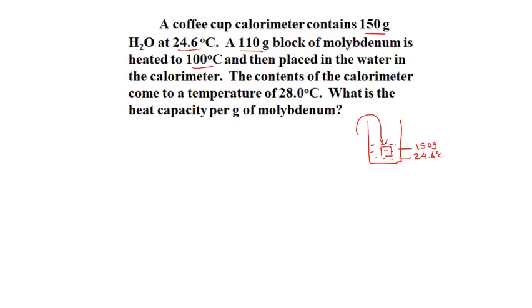That's a hot metal now. At what temperature is that? We have that one at 100 degrees Celsius and 110 grams we are placing. And we know for water it is 4.18 joules/gram degree Celsius. This is the situation now. So we know since the metal is very hot, the heat is flowing from metal to water until it reaches thermal equilibrium, right?